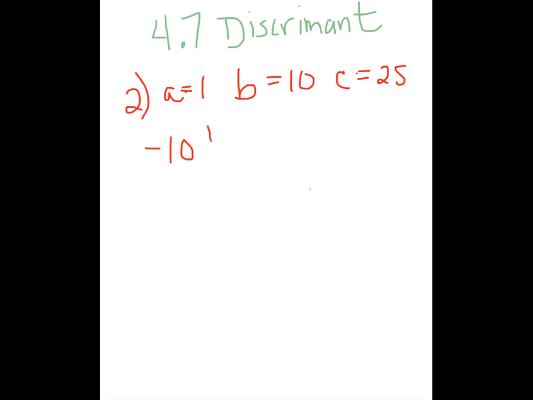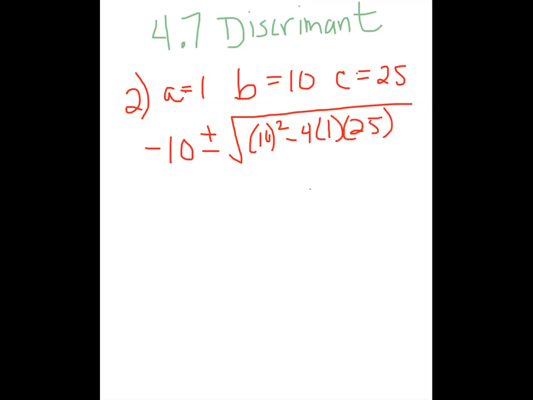But for number 2 on your document, the A value is 1 again. The B value for number 2 is 10. And the C value for number 2 is 25. Okay, so if we put all this in the quadratic formula, so the opposite of B plus or minus the square root of B squared minus 4 times A times C all over 2A.